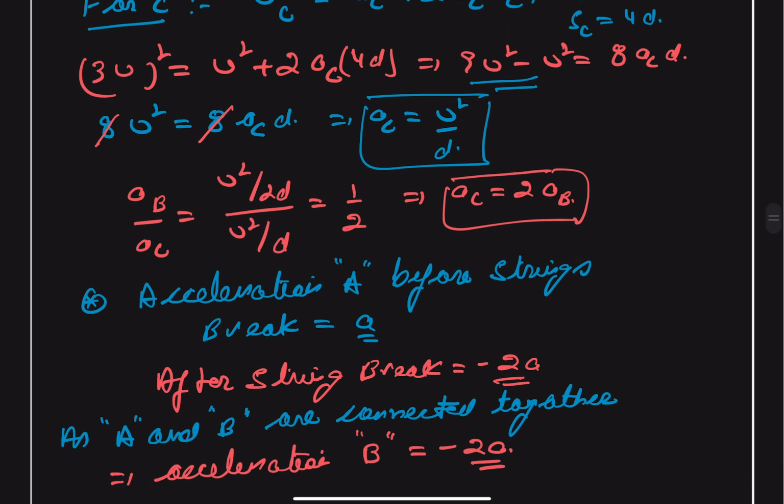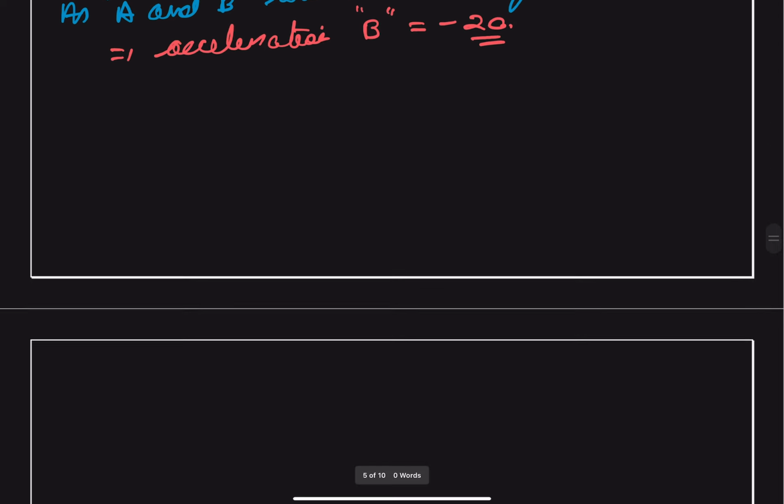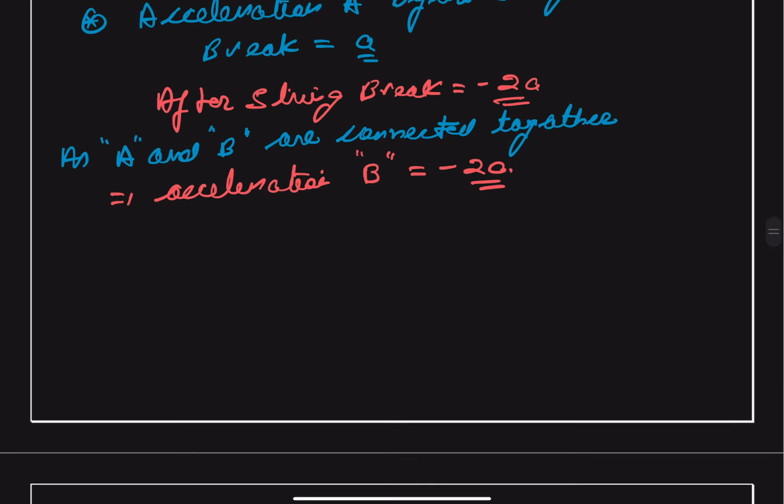Therefore I can say that the acceleration of C will be equal to minus 2A multiplied by 2. So this comes as acceleration of C is equal to 4 times A. So we found out the acceleration of A, B and C in terms of the initial acceleration.